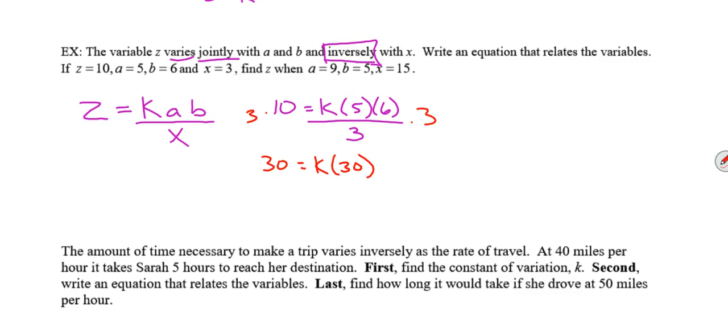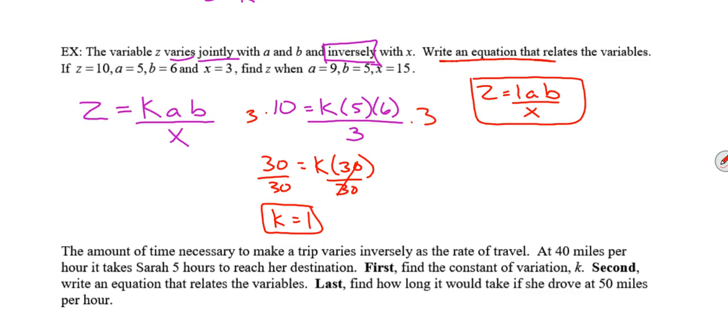All right, so divide by 30, and k equals 1. So I can now rewrite the equation. Z equals 1 a b over x. There's the equation. Write an equation that relates. That's the equation.